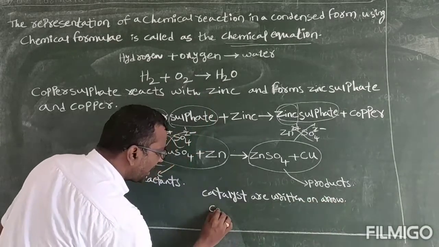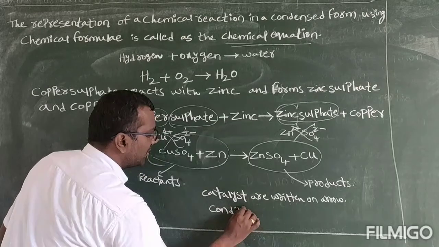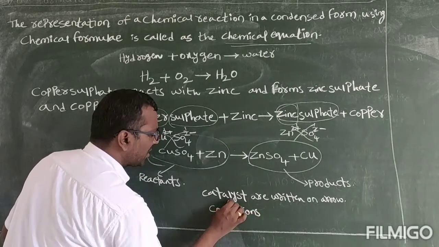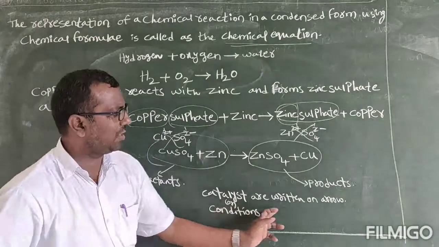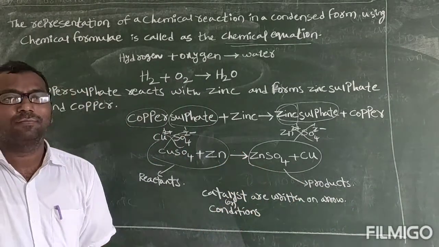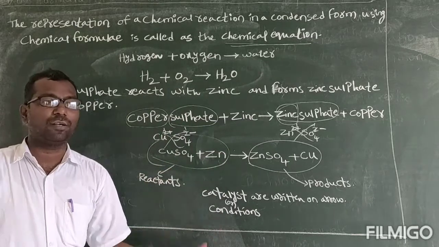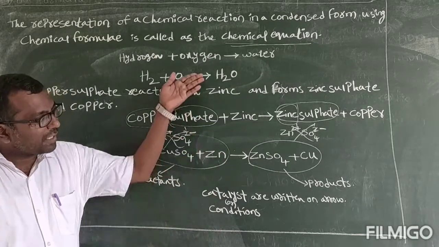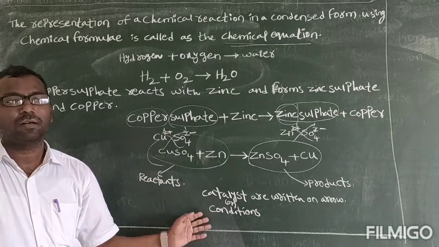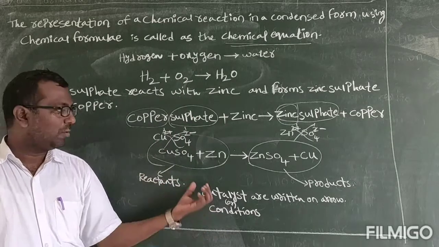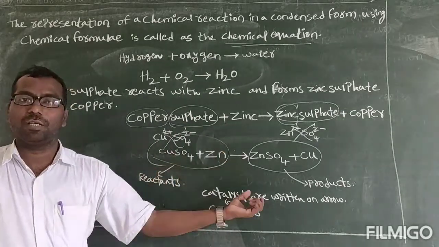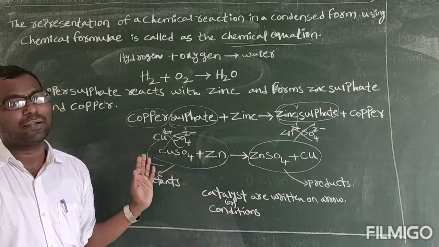In some cases, conditions also they will write. Conditions, catalysts or conditions are written on arrows. Okay. So this is all about the chemical equation representation. So please make a note of this. Try to understand clearly what is a reactant and what is a product, which side they are written.